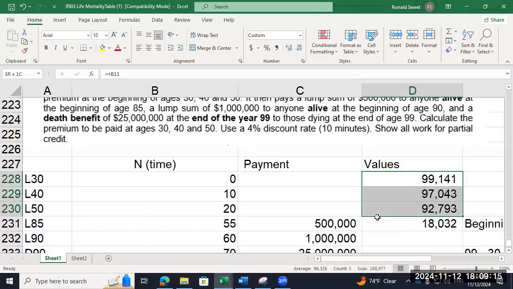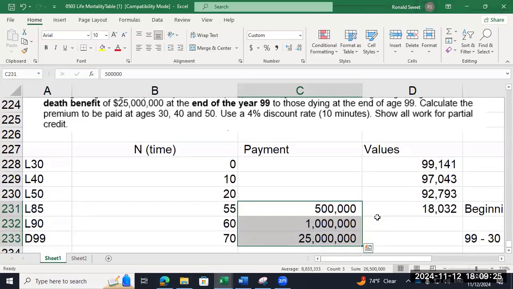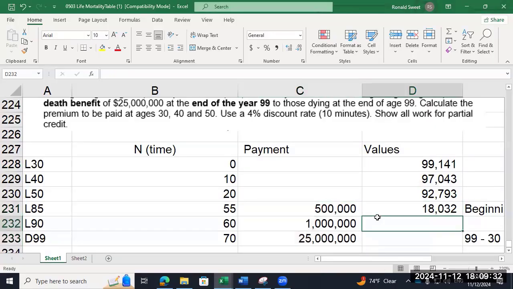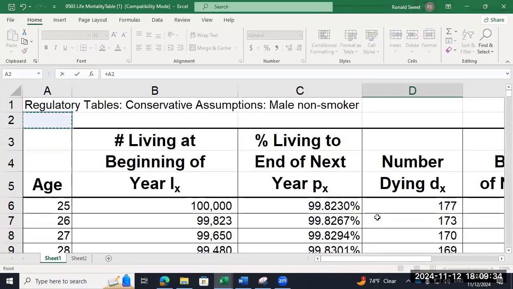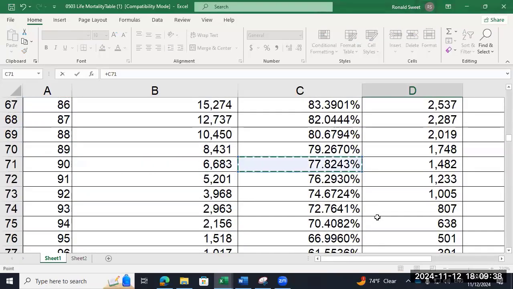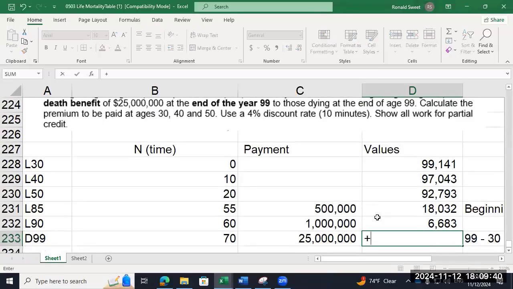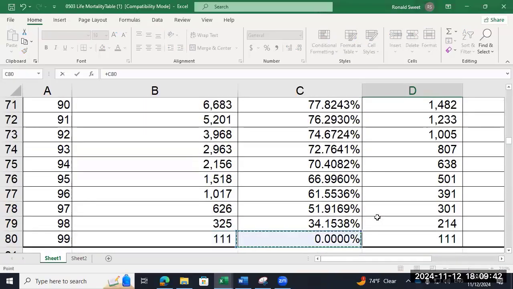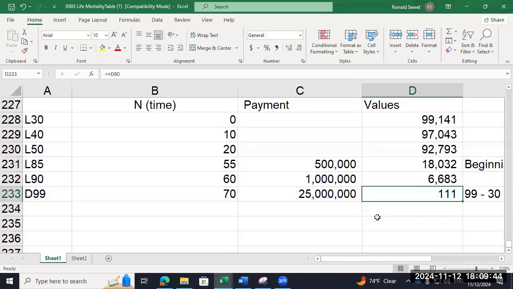You got a lot of people paying premiums, but very few people are going to receive the cash. So if you're thinking about this, it sounds like this premium is being massive, right? You're paying people $26.5 million. They must have to have just a massive premium, but we'll see. L90s. Again, there's just not that many of them. And then the D99s, that's just anybody left. You're going to get that.